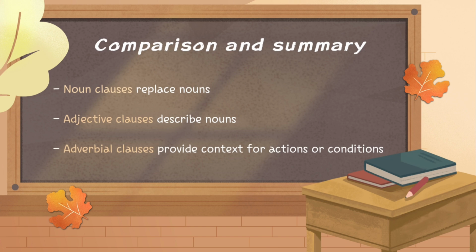Noun clauses replace nouns, adjective clauses describe nouns, and adverbial clauses provide context for actions or conditions. Mastering these clauses will help you communicate more effectively, whether you're telling a story, explaining an idea, or making an argument. Try experimenting with them in your next piece of writing and see how they can elevate your sentences to the next level.